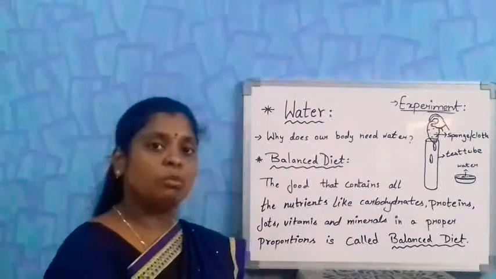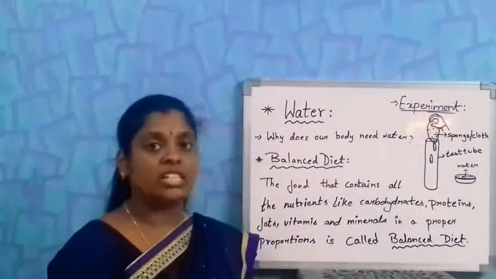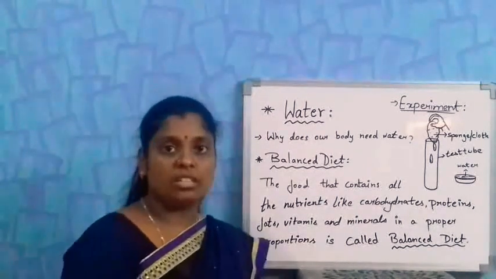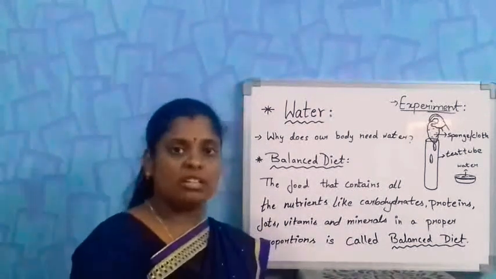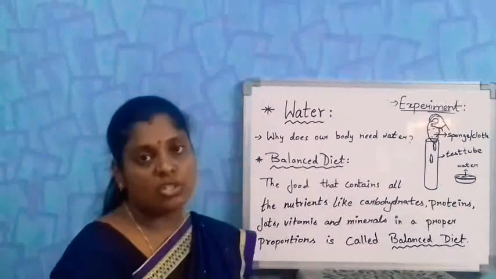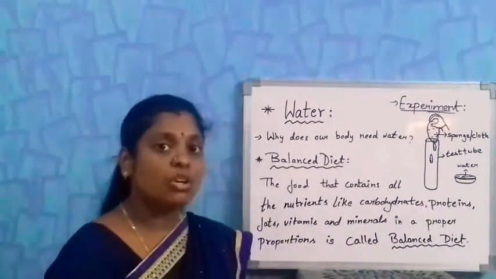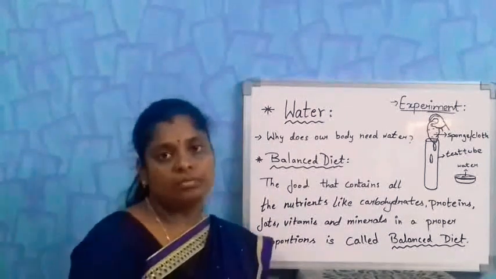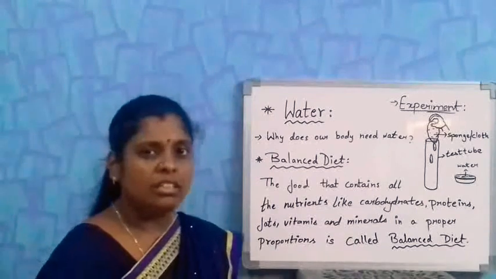If you consume these junk foods regularly, it may lead to a condition called constipation. I have said before what that is. By that, our digestive system will be affected. So we should avoid junk food. We have to take healthy food.